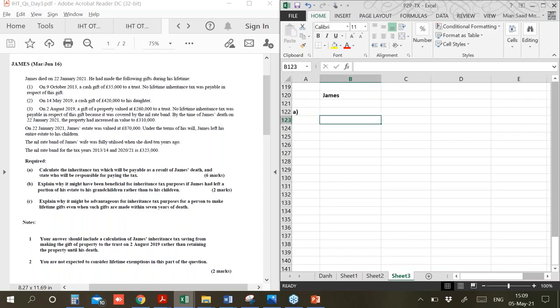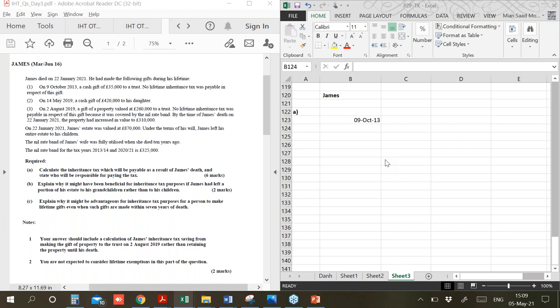Now, the first gift that is on 9 October 13. Is it chargeable on his death? I know it is a CLT, but is it chargeable on his death? And the answer is no. Why?